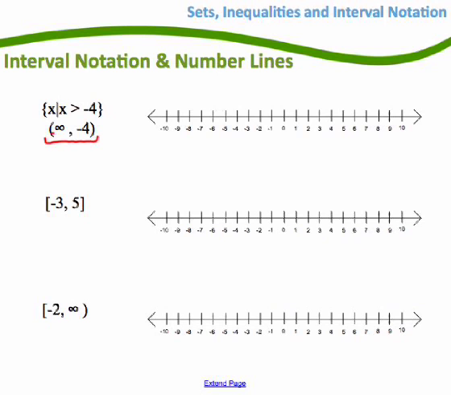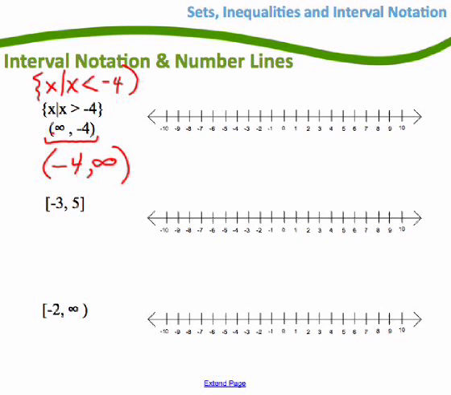Let's just check that. If X is greater than or equal to negative 4, the smallest number should have been negative 4, and the largest number would have been infinity. There's no equal sign, so I could put parentheses on each. I think this one here is indicating all the x's as long as x is less than negative 4. That's what this one here is representing.